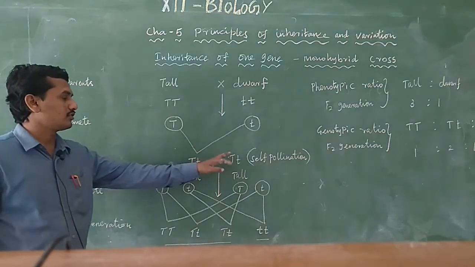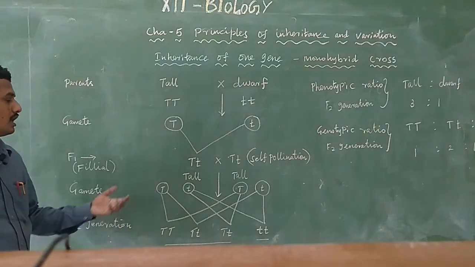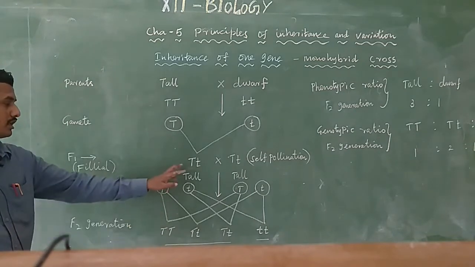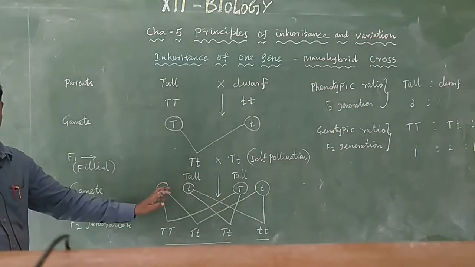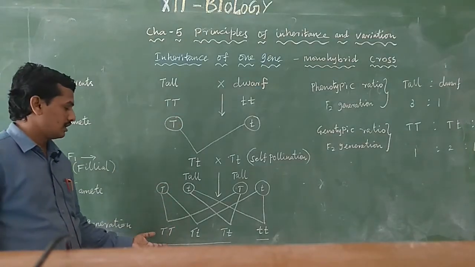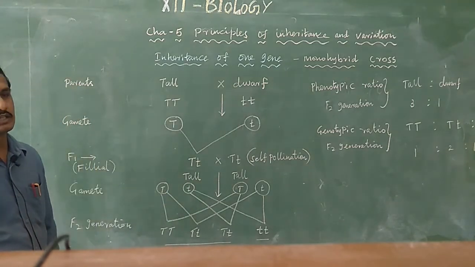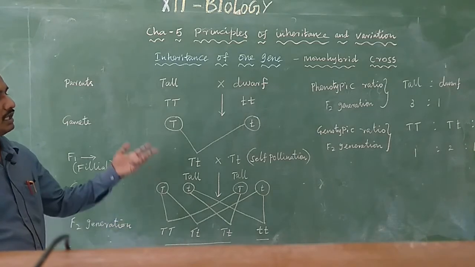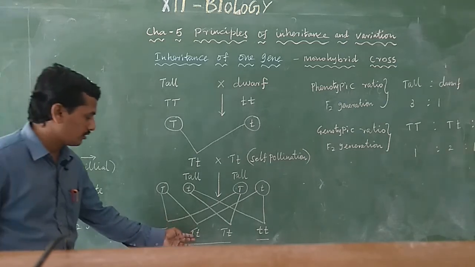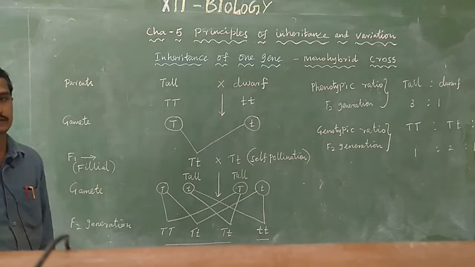So the tall plants are self-pollinated, and the F2 generation is produced. In the F2 generation, different gametes are produced because two gametes are present in the tall plant. Phenotypically, a 3:1 ratio is produced: 3 tall plants and 1 dwarf plant. And genotypically, homozygous tall is 1, heterozygous tall is 2, and homozygous dwarf is 1.